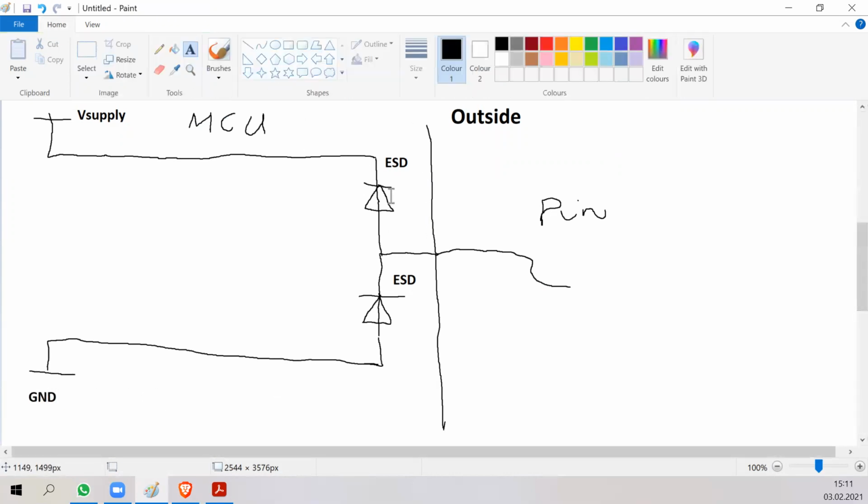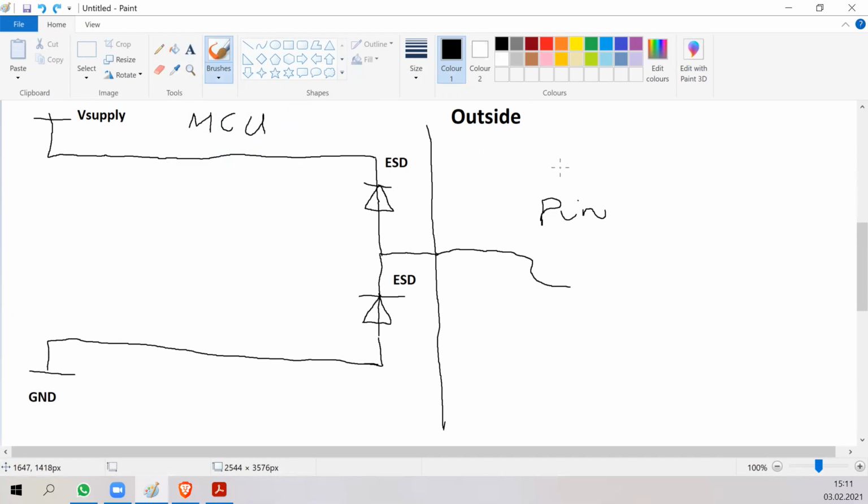So these electrostatic discharge diodes serve for several purposes. First is inside of the manufacturing plant, when people take the PCB and put it in the enclosure, touching the schematic, a person can accidentally hit the chip with electrostatic energy.